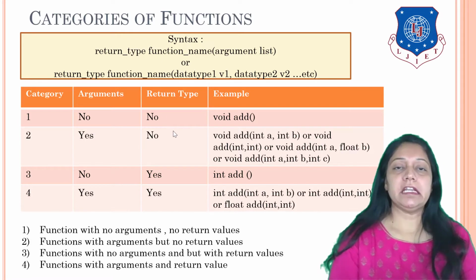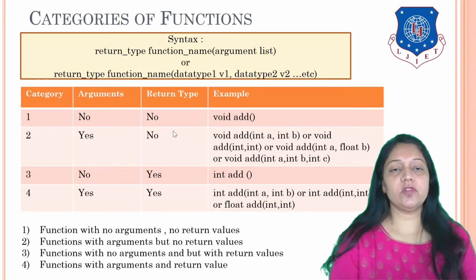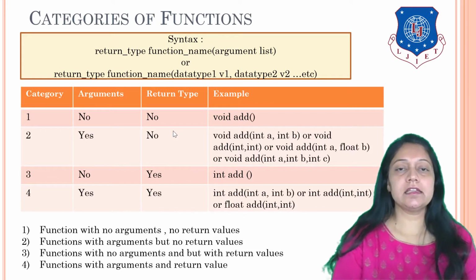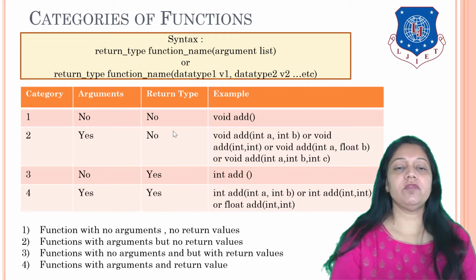The names of these four categories of the function, I have here mentioned as no arguments, no return type, but the full name of this particular category is function with no arguments and no return values. For the second category, the argument is yes, return type is no. So in that case, the name is function with arguments but no return values.